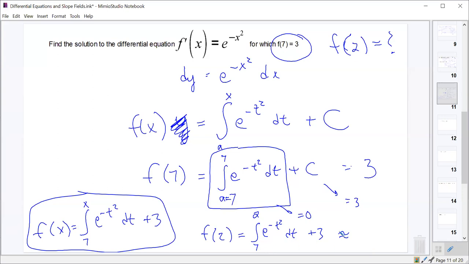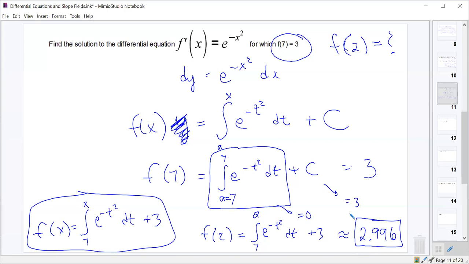And what do you get? I got 2.996. That was after adding 3 to it. Yeah, before it's like negative 0.00 something. Good.